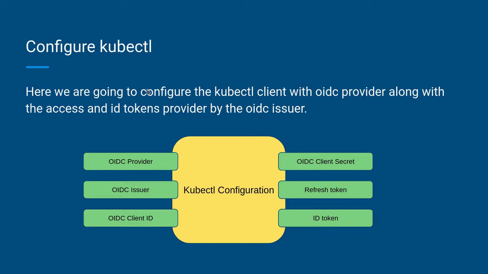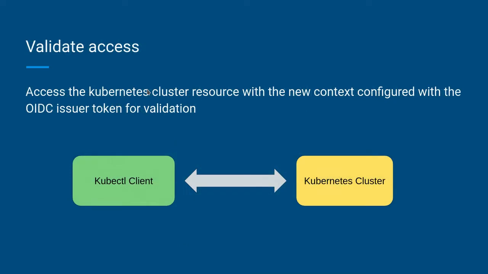So let us proceed to our next step, that is validating the access. Now we have our Keycloak service up and running. We have authenticated the user with the Keycloak service. We have configured our Kubernetes API server, and we have configured our kubectl configuration so that the required details are provided as a part of the request, which goes to the Kube API server, which validates our request.